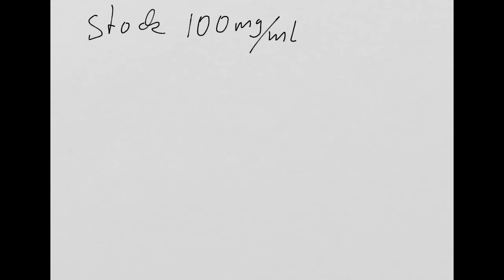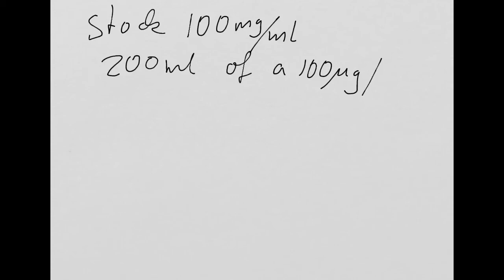And I want to make 200 milliliter of 100 microgram per milliliter. How much do I have to use?